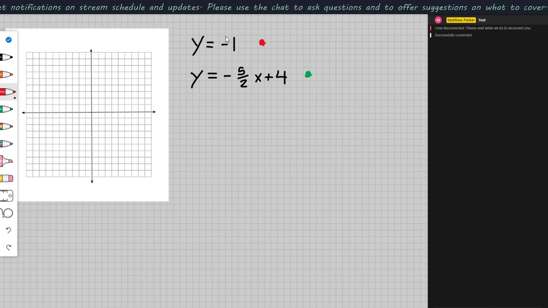Remember, if it's a y equals equation, it's a horizontal line with 0 slope, so it's just y equals an integer, so we're going to cross right through the y-axis at negative 1. So it's just going to be a line that looks like this.